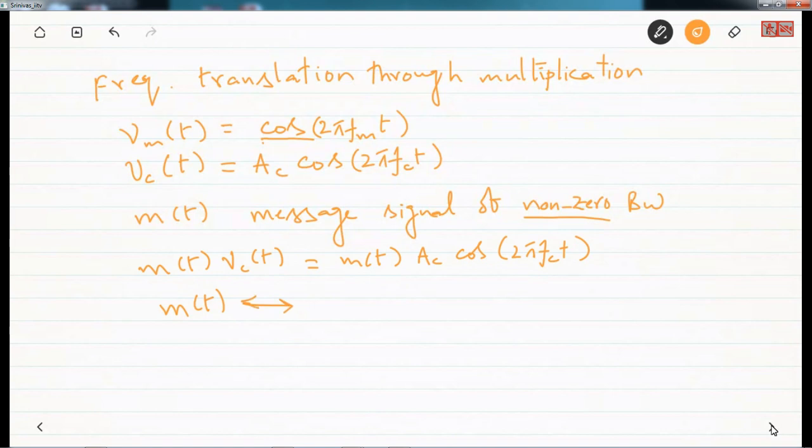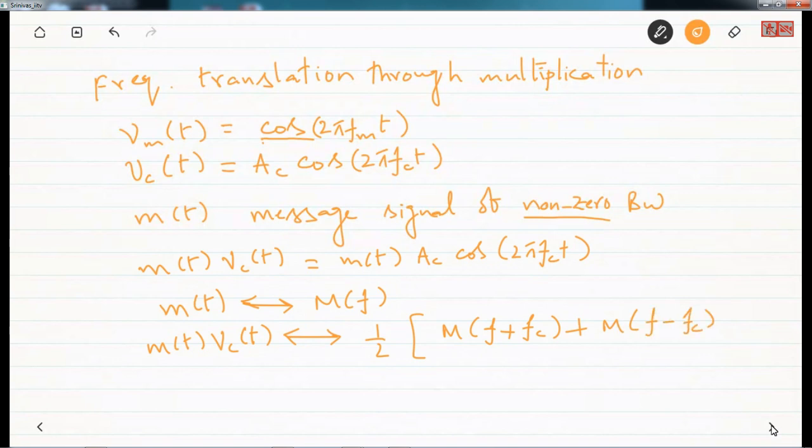Say m of t, its Fourier transform is M of f. Then we showed that the Fourier transform of m of t Vc of t is M of f plus fc, right, plus M of f minus fc.